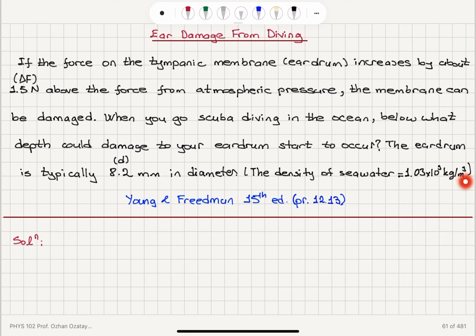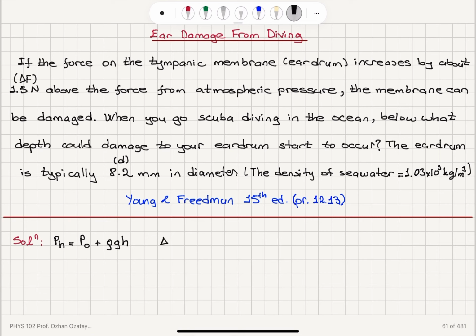kilograms per meter cubed. Now we know that the pressure at a depth h in the ocean is the atmospheric pressure P0 plus the density, gravitational acceleration, and the depth h.